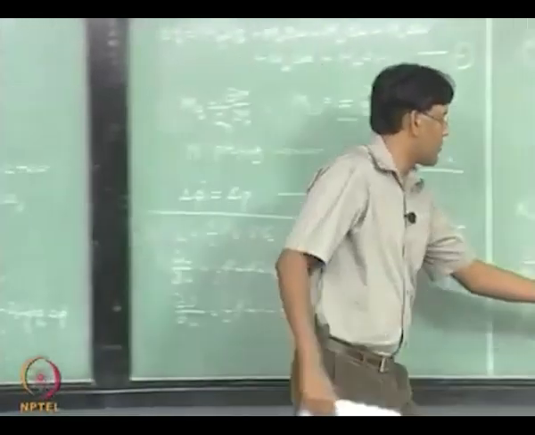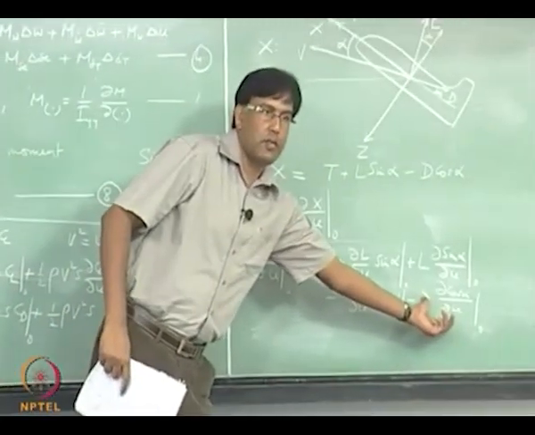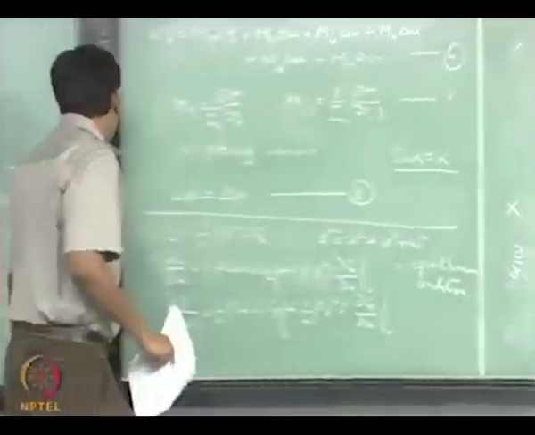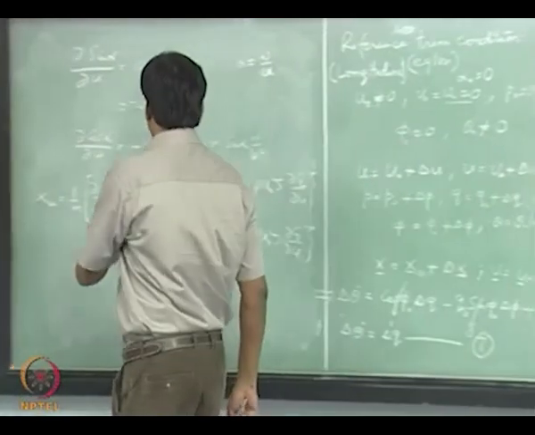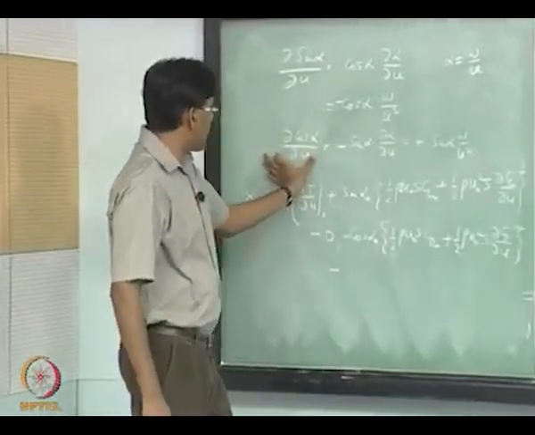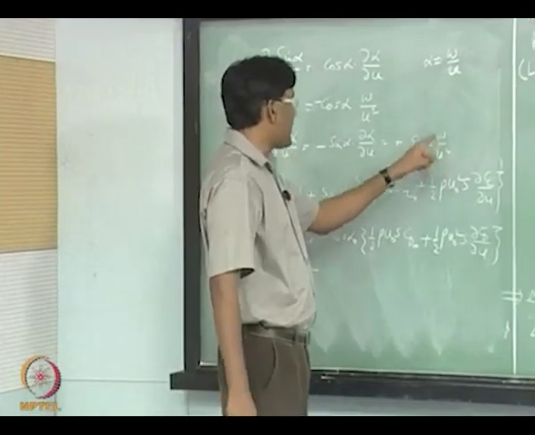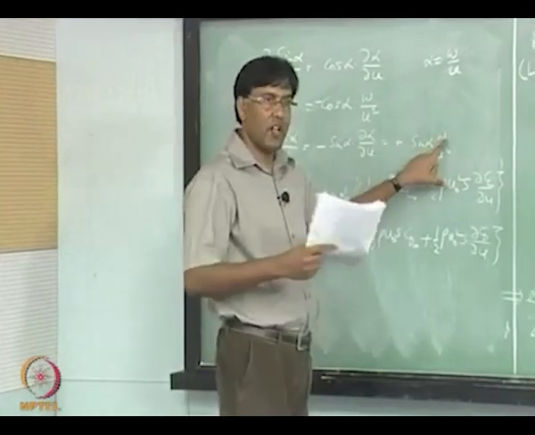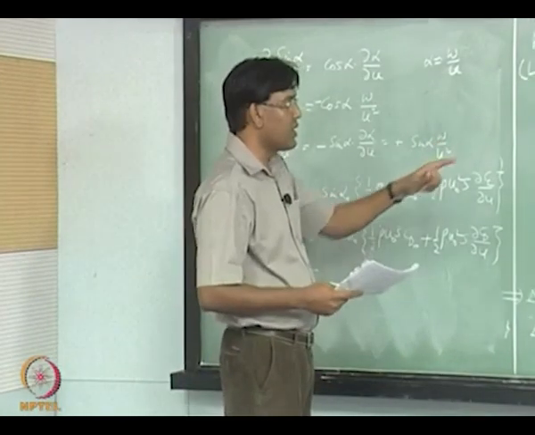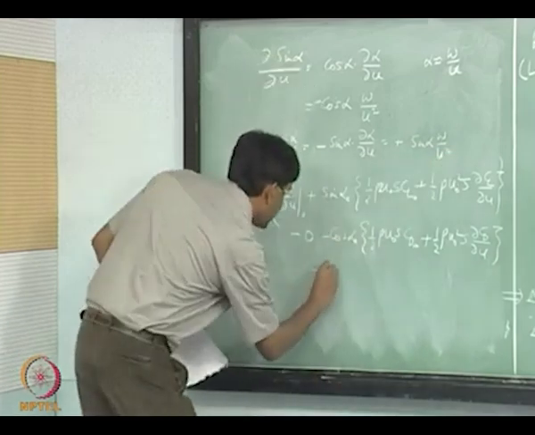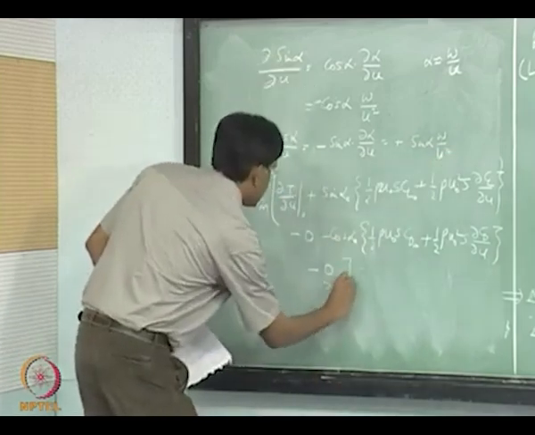This term is again 0, right, because look at this derivative. So if I evaluate this derivative at the flying condition when W naught is 0, then this becomes 0. So the last term there is also 0.